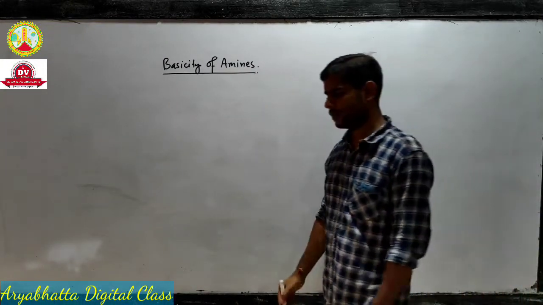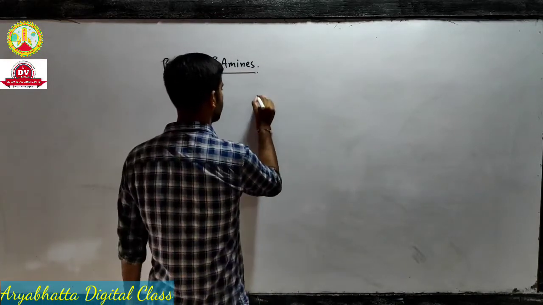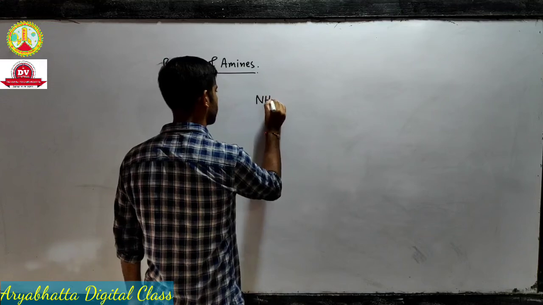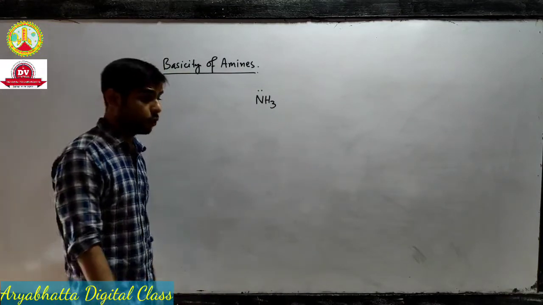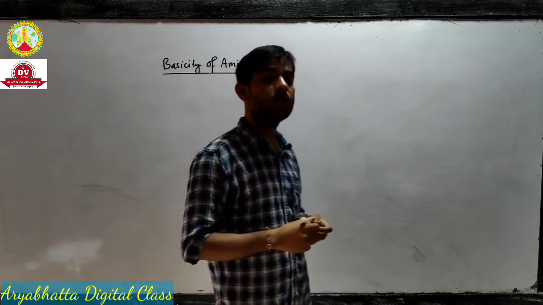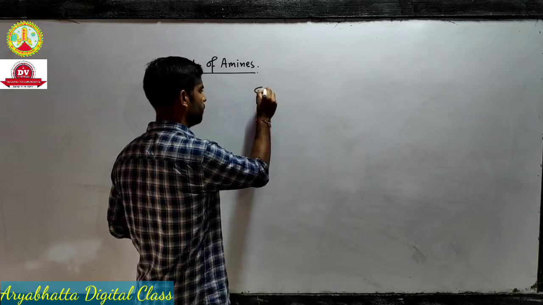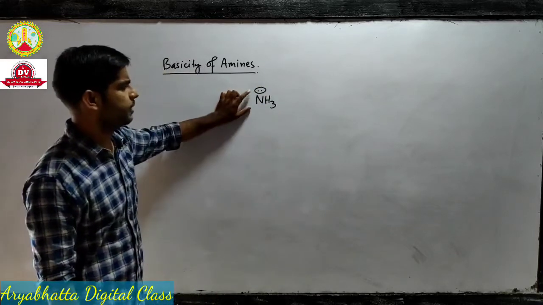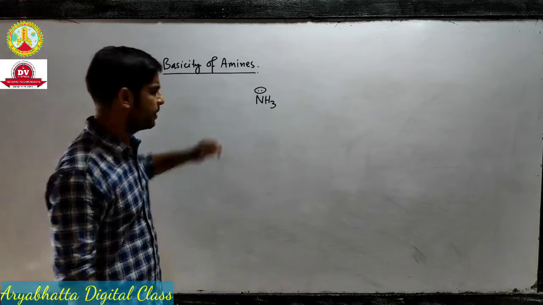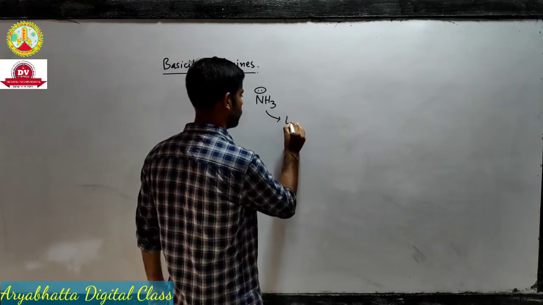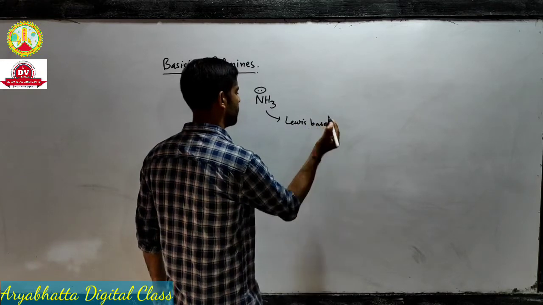So amines are basically derived from ammonia. We know that ammonia acts as a base. What kind of base? It's a Lewis base. Because of the presence of this lone pair on the nitrogen atom in ammonia, ammonia behaves as a Lewis base.